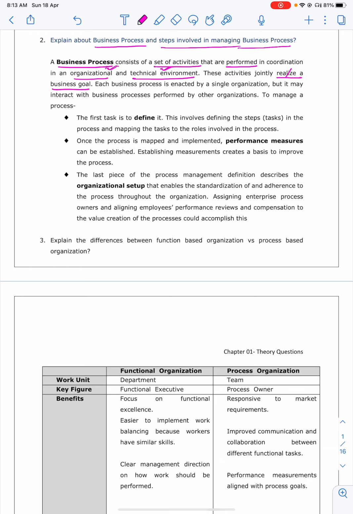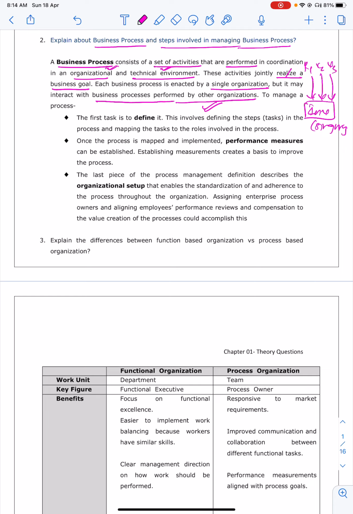Here we call it realization, we can call it achieving. Now each business process is enacted by a single organization, but it interacts with business processes performed by other organizations, which I told you. Like in inventory, what we did, this is a single organization business process. However, they procure the raw material from other vendors: vendor one, vendor two, vendor three.